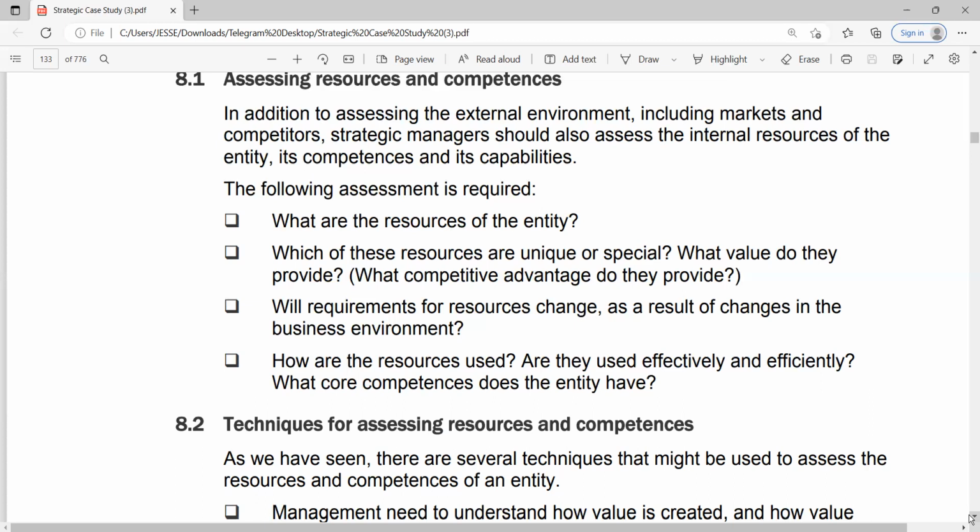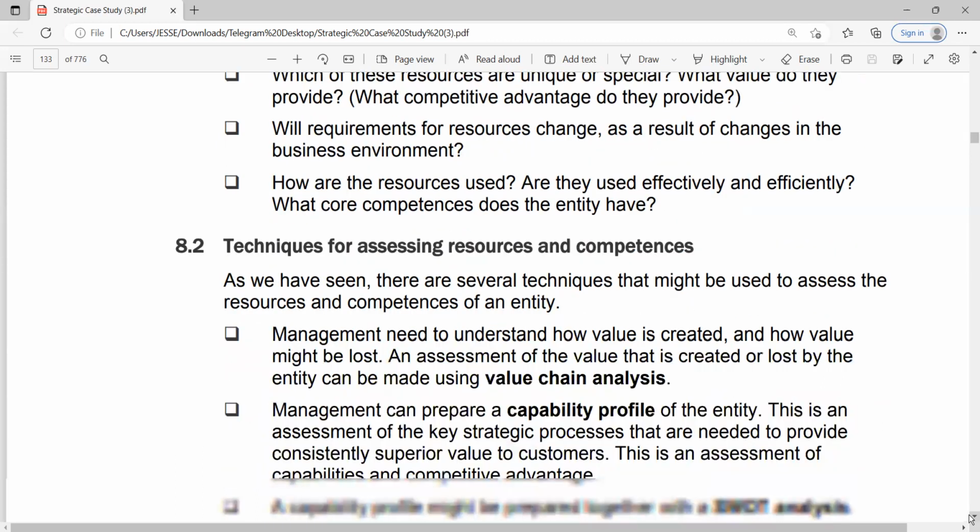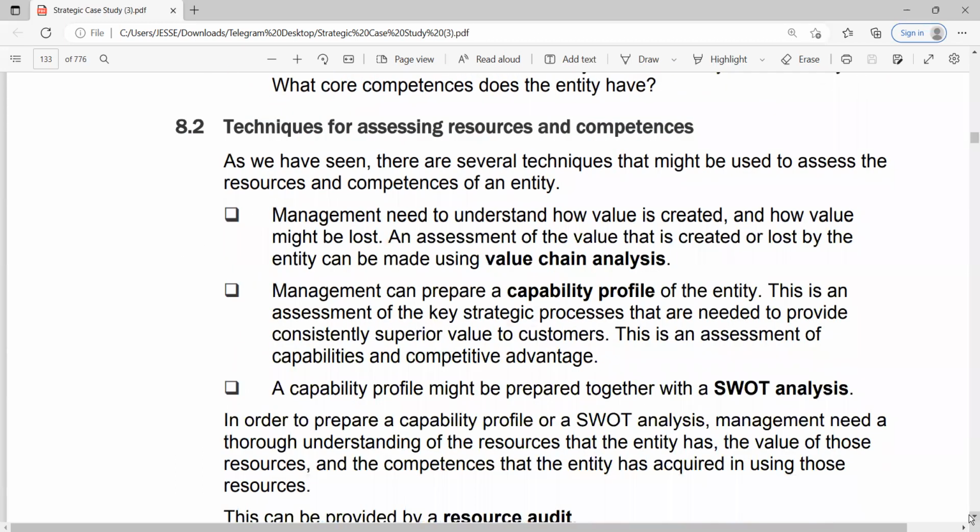Now let's look at the techniques for assessing resources and competencies. As we've seen, there are several techniques that might be used to assess the resources and competencies of an entity. Right, so we would go through some.